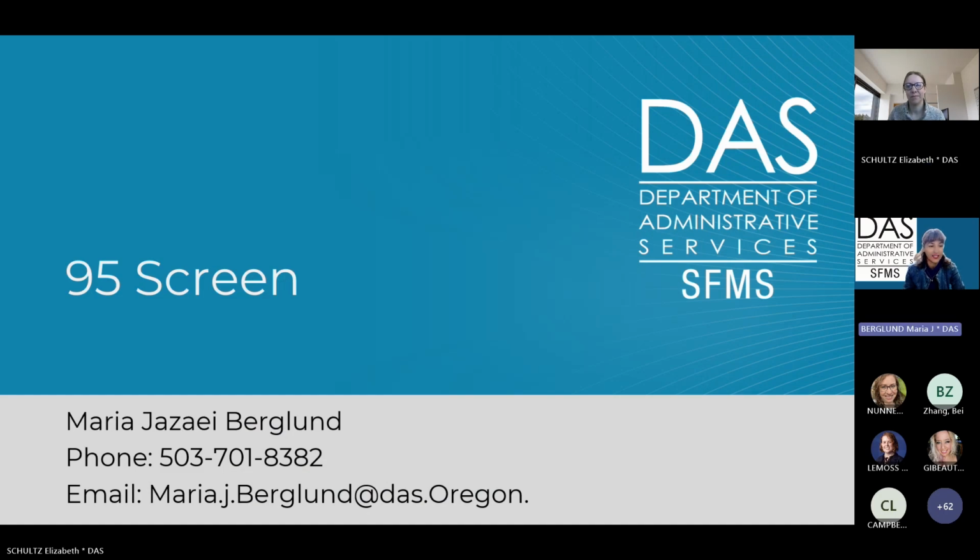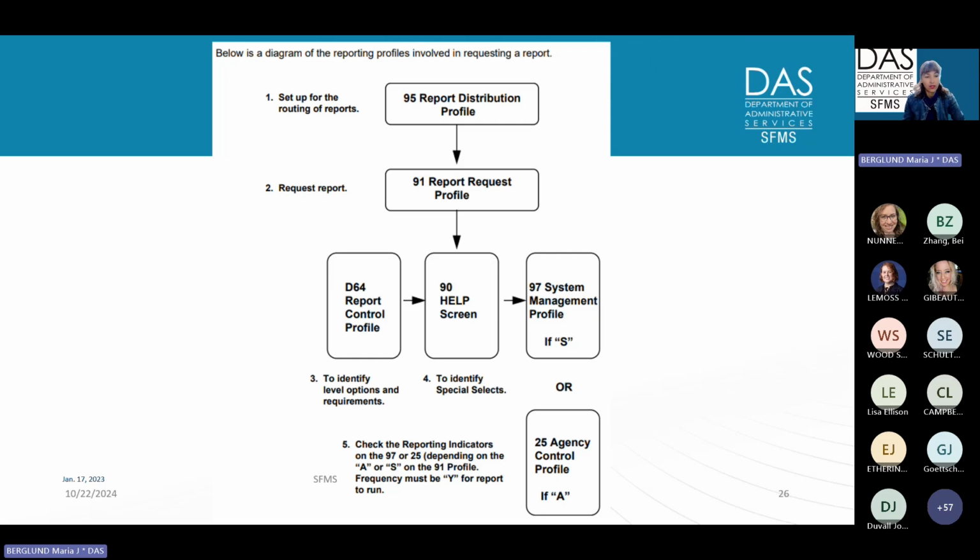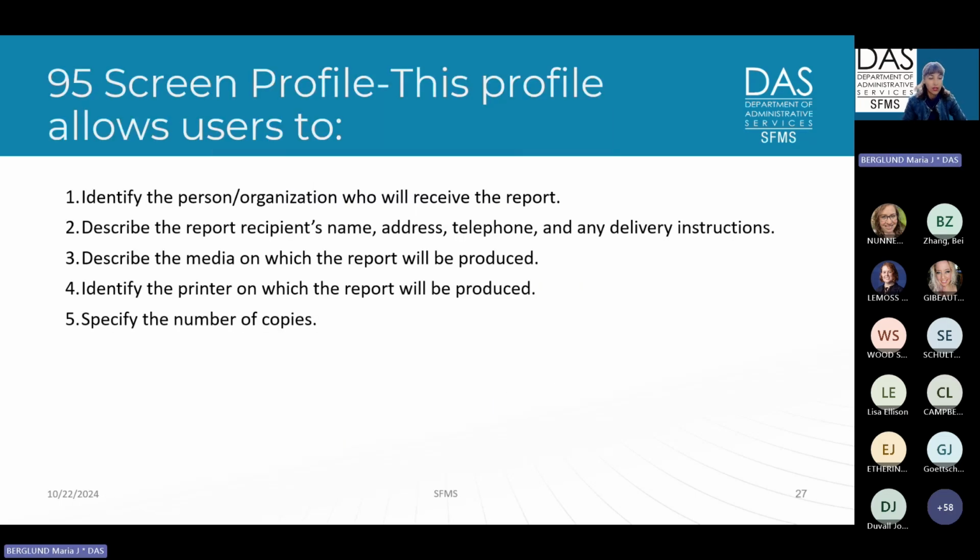Hi, good morning. We are going to talk about 95 profile. So here's a chart of a big picture of all the steps Les went through. And after this, Scott and I will dive into detail of each section.